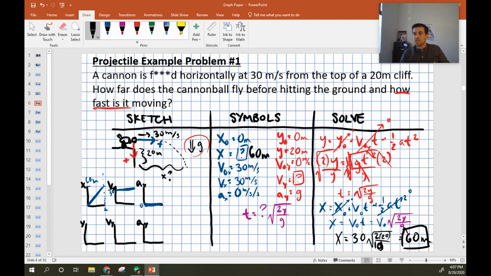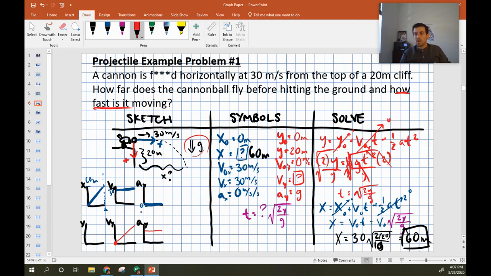Now for the vertical direction. In the vertical direction, we had a positive acceleration because I said downwards was positive. We started with 0 initial velocity, but then the vertical velocity just increased because we had a positive acceleration. Since the acceleration was constant, we have a linear graph for the velocity.